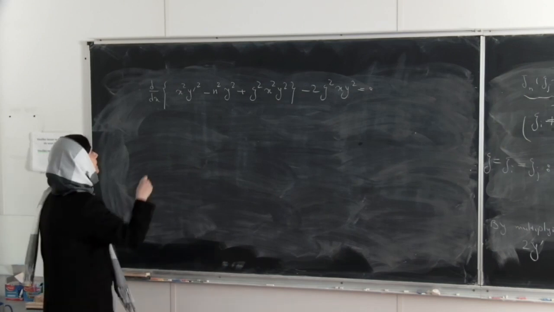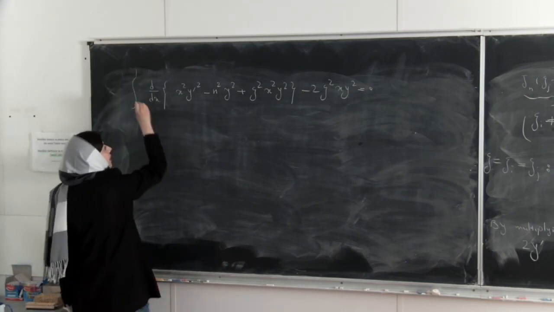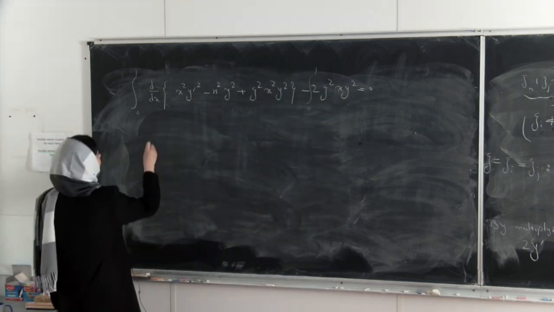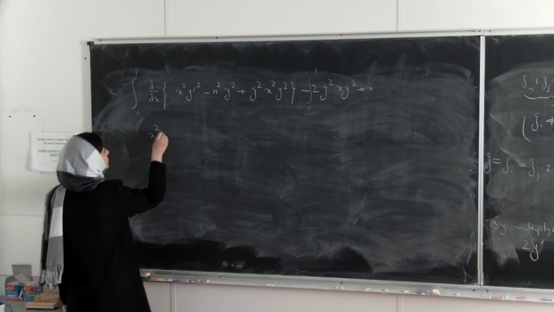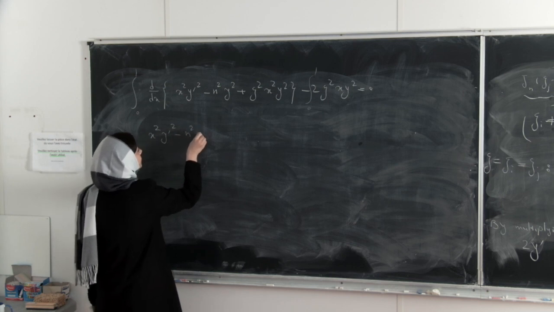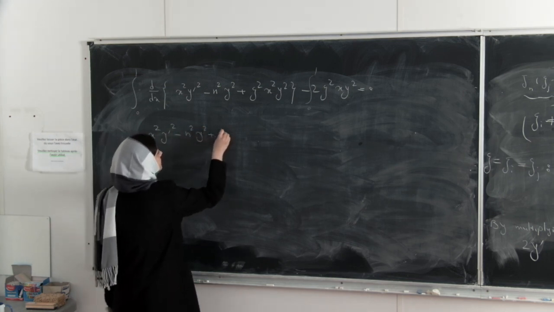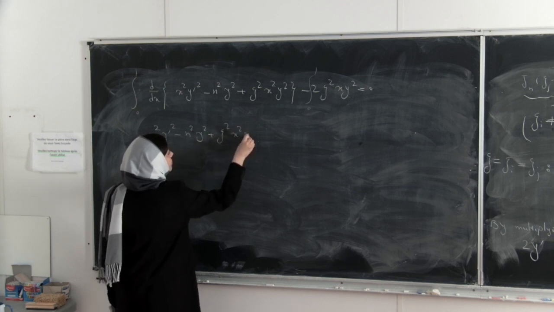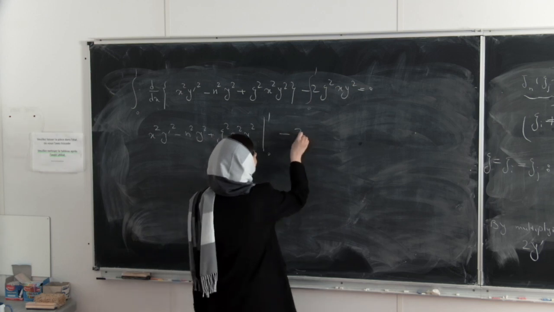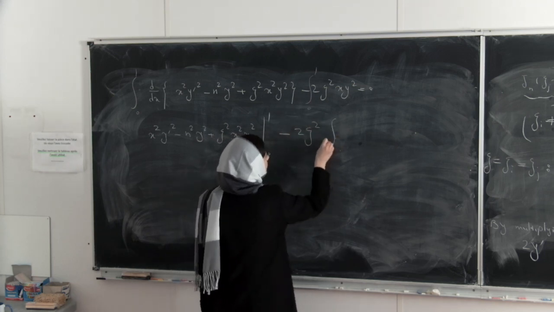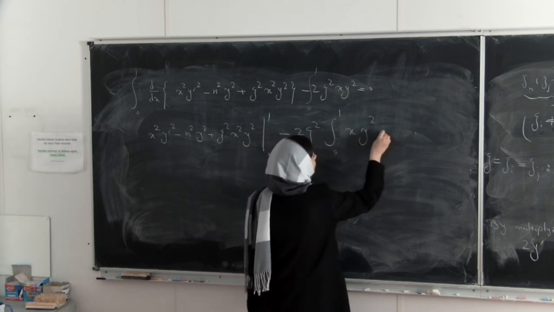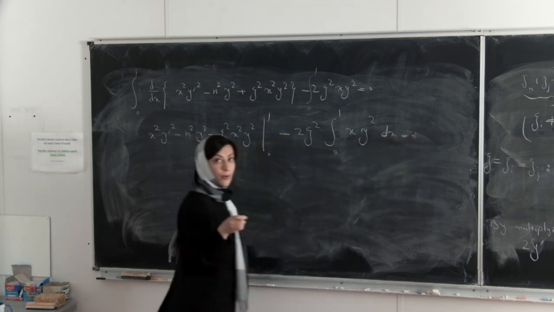Now, by integrating from 0 to 1, we have x squared y prime squared minus n squared y squared plus xi squared x squared y squared from 0 to 1 minus 2 xi squared times integral 0 to 1 of x y squared dx equals 0.